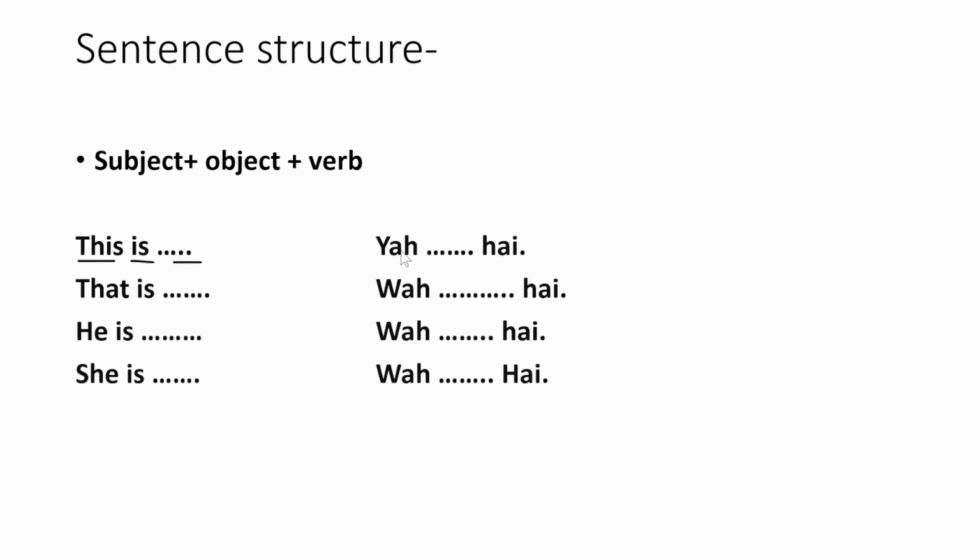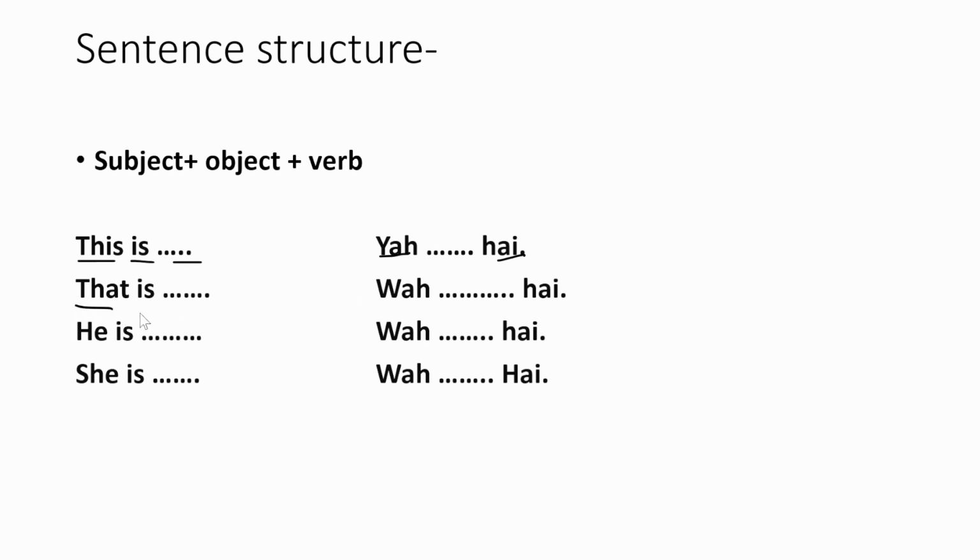So यह will be at the start, है will go at the end, and whatever you put will come in the middle after यह. This is a boy, यह लड़का है. This is a girl, यह लड़की है. This is Mohan, how to say? Can you try? This is Mohan will be यह मोहन है.